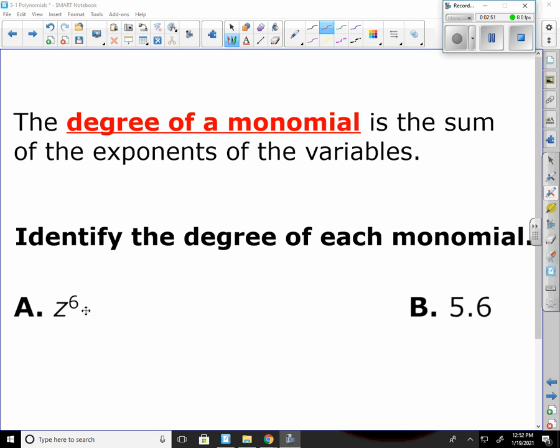This one only has one variable, z, and the exponent is 6, so the degree of this monomial would just be 6. If I look at b, there is no variable. So since there's no variable, the degree of this one would be 0.